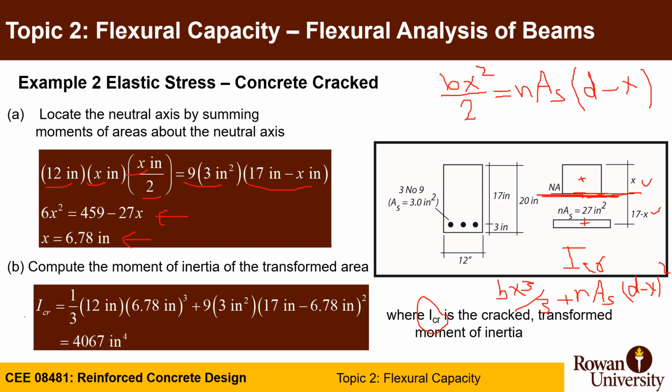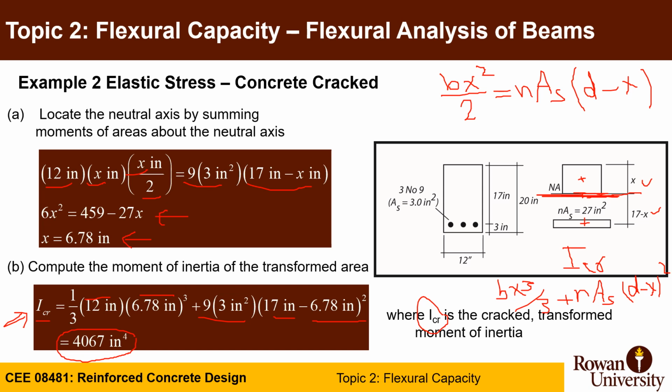So by plugging those numbers here, I crack will be equal to 1 over 3 times b, which is 12, times x cubed, which is 6.78, plus 27, which is nAs, times 17, which is d, minus 6.78, all squared. It gives a cracked moment of inertia of 4,167 inch to the power 4.